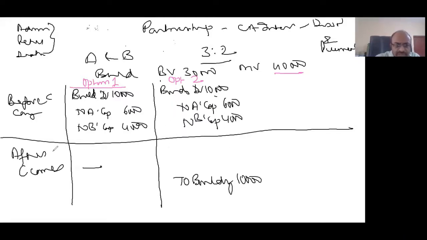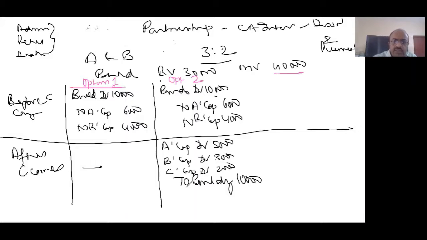Therefore, A's capital debit 5,000, B's capital 1,000, C's capital 2,000, in the ratio 5:3:2, because C has come. Now you can say, sir, why is he getting debited now? Is it fair? Yes, it is fair because later on, when they sell the property, 2,000 will get credited, therefore it will nullify. He will not get any benefit later on.